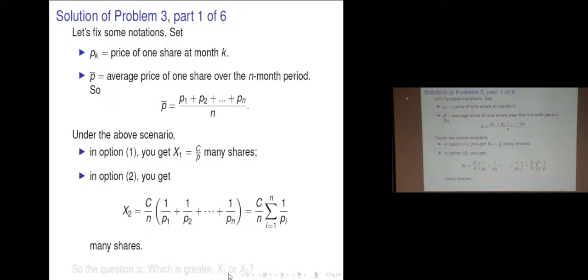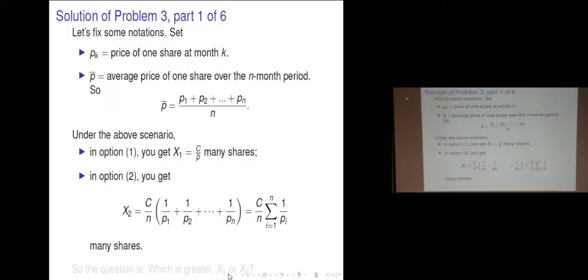In the second month, again you invest C over n dollars, and the price for each share is P2, so you divide by P2. You get this amount in the second month, and so on. At the nth month, you get C divided by n times 1 over Pn.